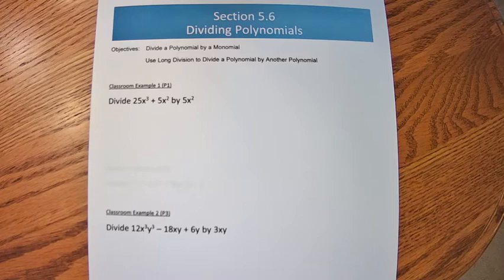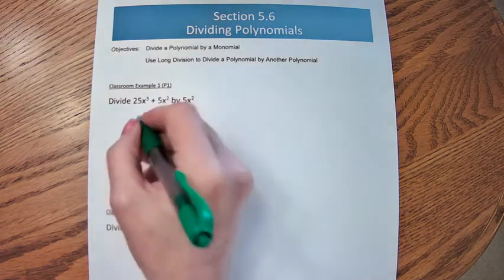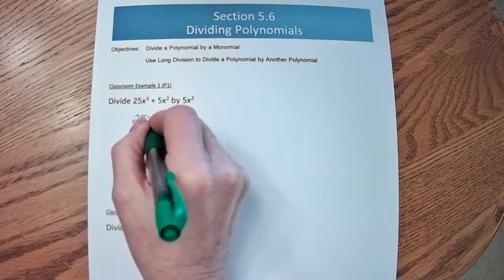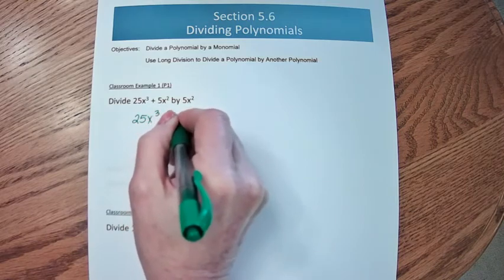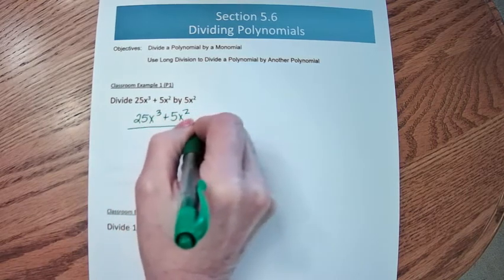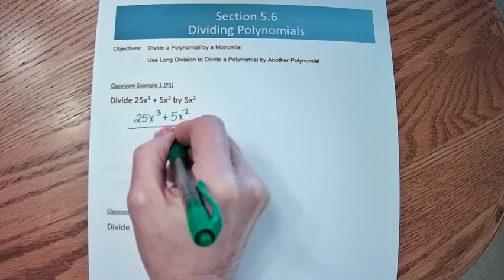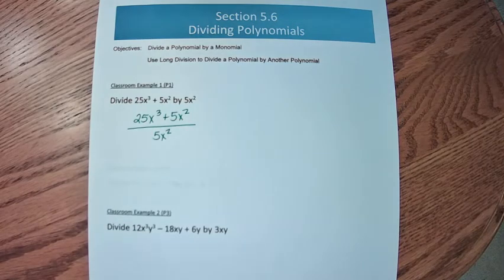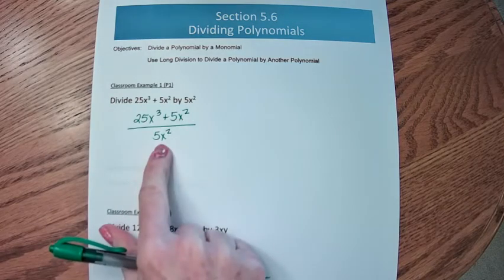So let's look at example 1. Example 1, we're going to go ahead and divide 25x to the third plus 5x squared by 5x squared. This denominator is a monomial. It's a single term.